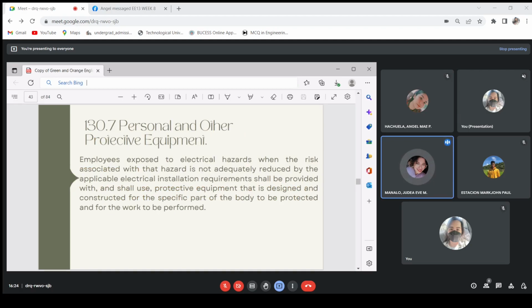Article 130.7, personal and other protective equipment. All of our PPE should first be tested by our supplier before we wear it. We don't know if those PPEs are safe to use. And this article really tackles that you should double check your personal protective equipment before using it.